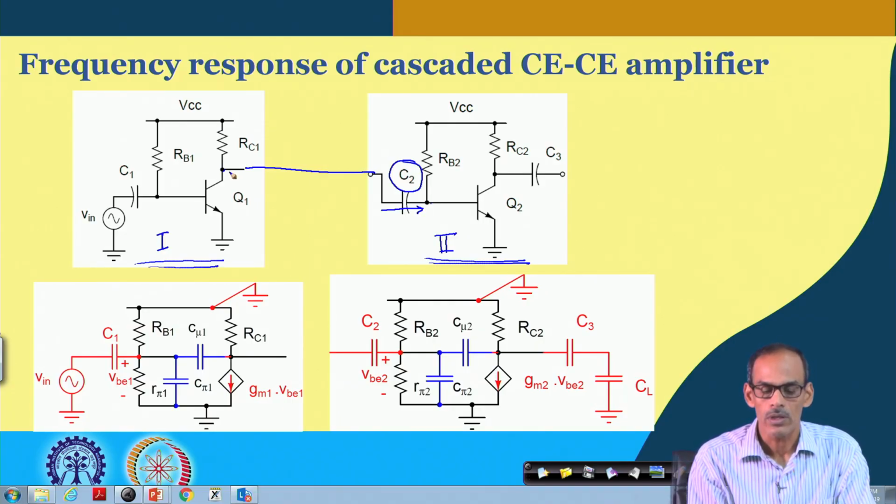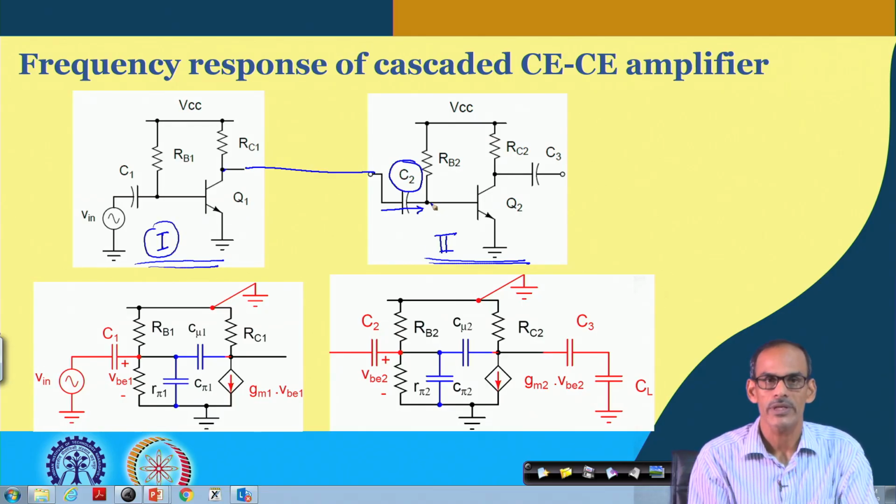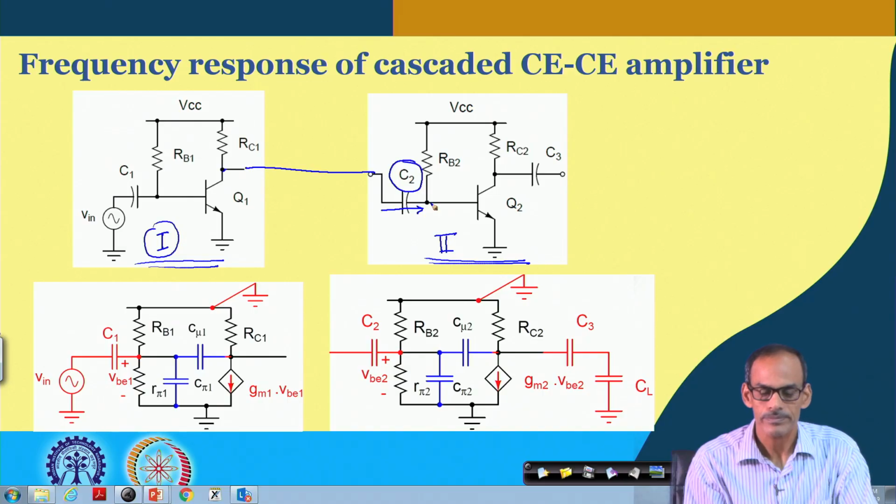So, in a nutshell, C2 helps us to separate the DC operating point of the first stage from the second stage DC operating point.